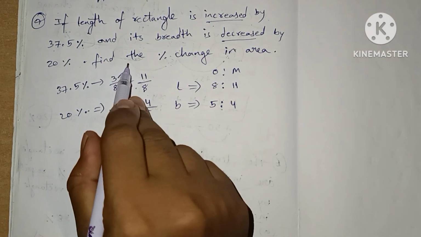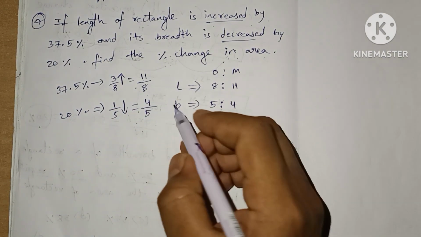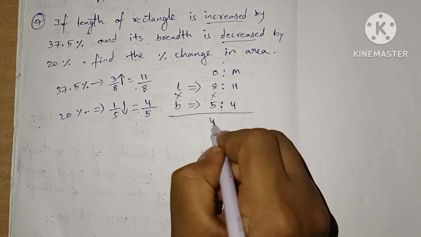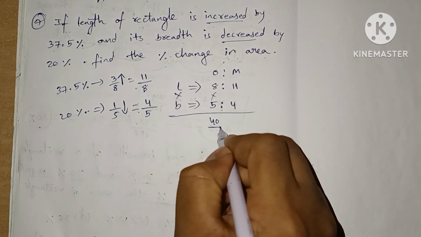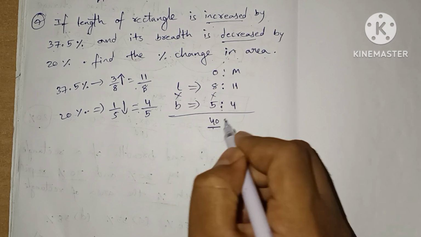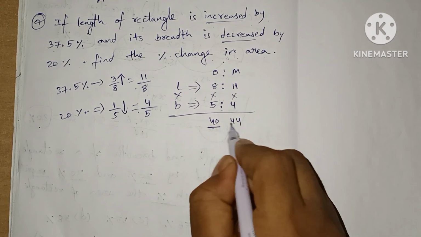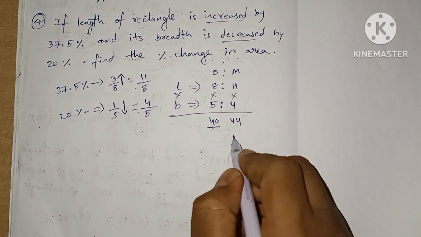And it is asked to find the percentage change in area. Area is nothing but length into breadth. 8 5 times will be 40. Initial area is 40. Now the area becomes 44. So what is the percentage change here?